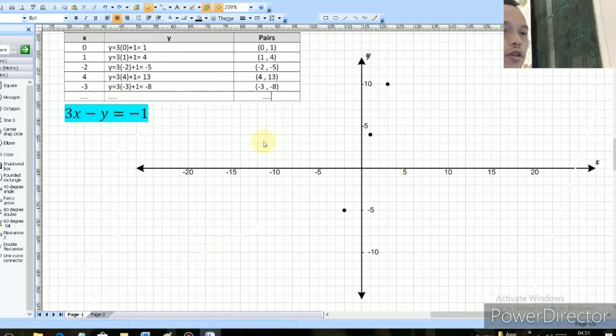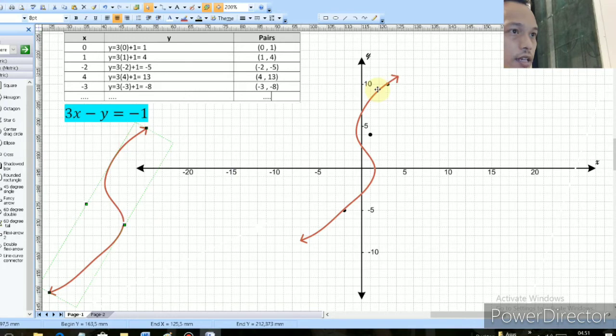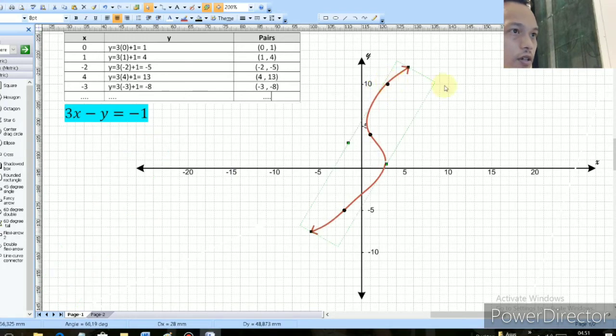If I use 3 comma 10, can I conclude that this must be a straight line? It actually still cannot. It's not safe, right? If the graph is like this, for example, actually this graph also consists of these three solutions, 1, 2, 3.